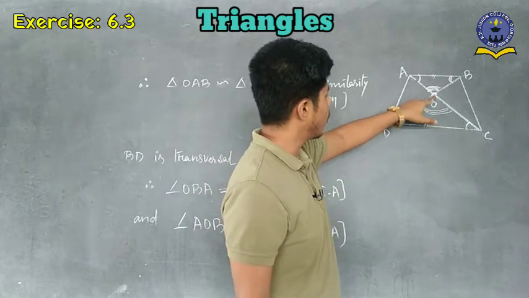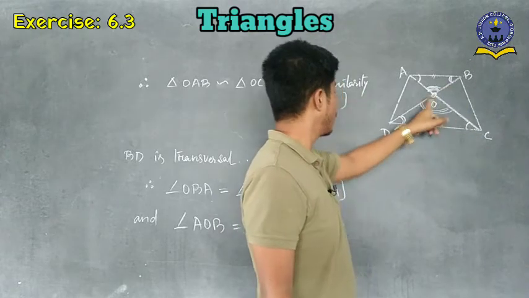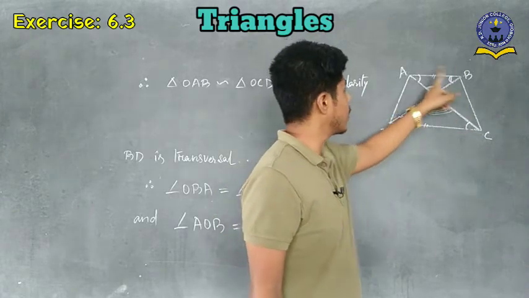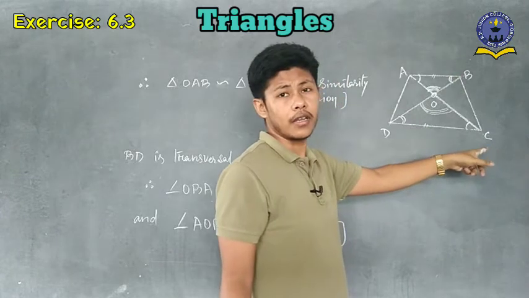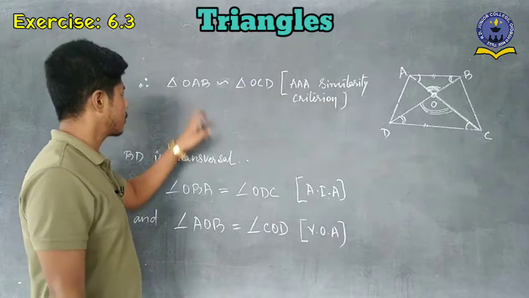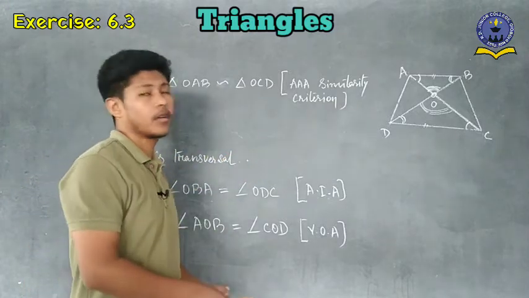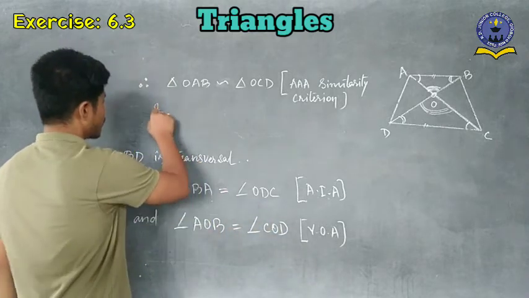So which ratios are equal here? We can say OA by OC, isn't it? OB by OD, and the last one is AB by CD. These three ratios are equal, because since these two triangles are similar, the ratios of their corresponding parts are also equal. So what do you have to write?